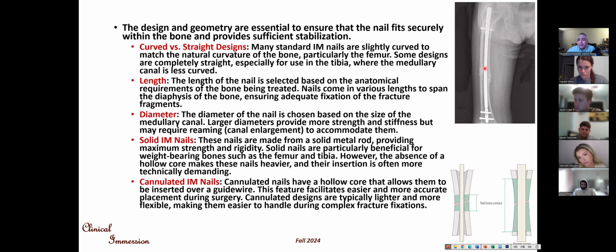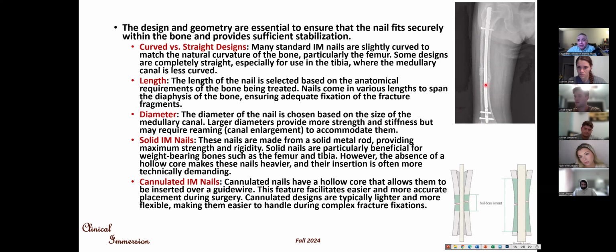So that is why we have different types of nails, and the one that you will see in the VR system is a short nail. When you insert it, it will not pass up to the distal end of the femur.